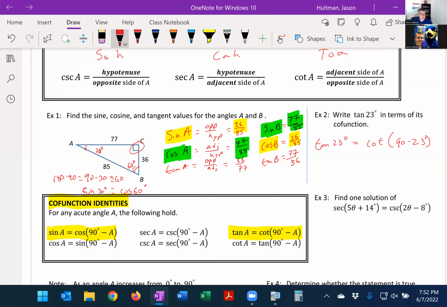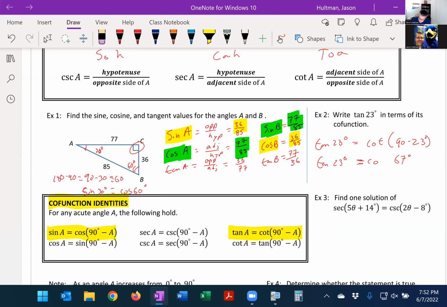And 90 minus 23, I believe that is 67. Let me just check. Yep, 90 minus 23 is 67. So the tangent of 23 degrees is equal to the cotangent of 67.